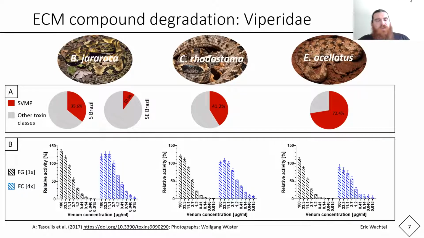But do you have maybe an HPLC chromatogram that you can compare? It might be with the ones that are shown in the literature, so that you might get a guess. Yeah, we could do that. But as of now, I can't tell you. Sadly, the same with Calloselasma rhodostoma. The main share of SVMPs is basically almost the same throughout the range, but the different subclasses have different amounts depending on the locality.